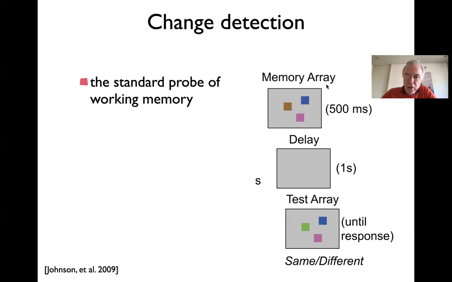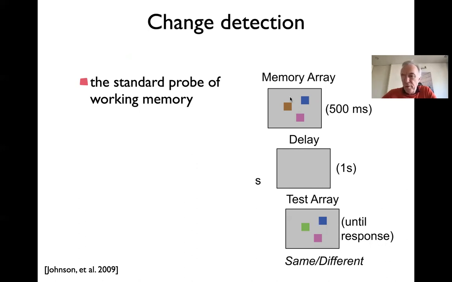The standard procedure in many of these cases is that you have a temporally structured sequence of events. You are presented with some items in visual working memory, and then you delete these. You have some time to look at them, you delete them, and this is the delay that you impose. That delay could vary. Then you show participants a new array, the test array, and they have to say whether it's the same or different.